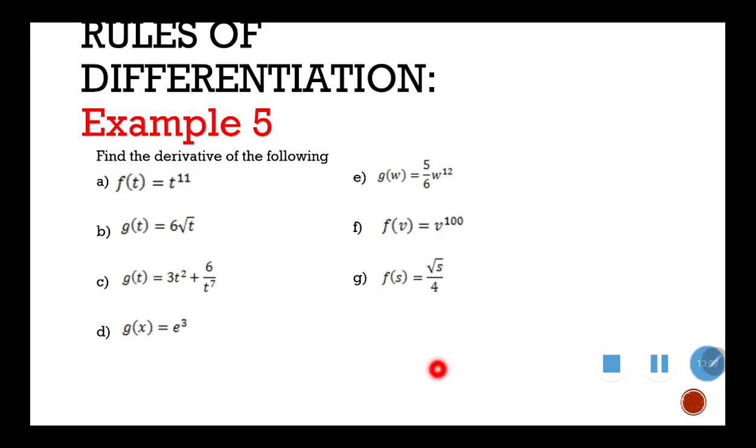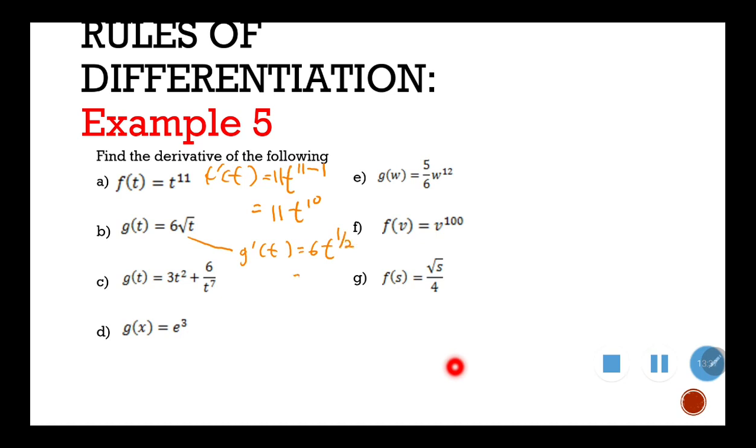So we try to solve A here. So f prime t should be 11 to the front, and then 11t to the power of 11 minus 1. And then for this one, g prime t can be rewritten as 6t to the power of half.